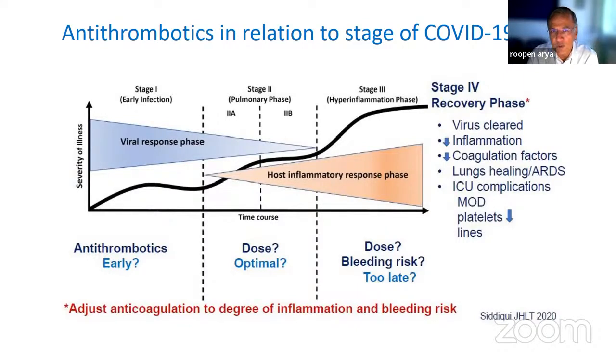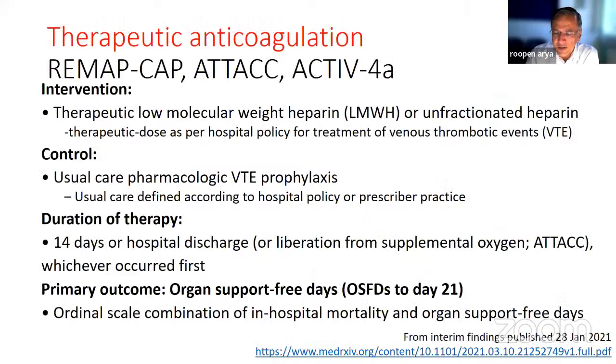Because as the thrombosis and the bleeding risk alters during the natural history of the admission, is there a rationale for adjusting the intensity of anticoagulant? Because maybe, in advanced disease, you are less able to affect the pathology, and it's really too late. So do we need to adjust anticoagulation to the degree of inflammation as well as bleeding risk?